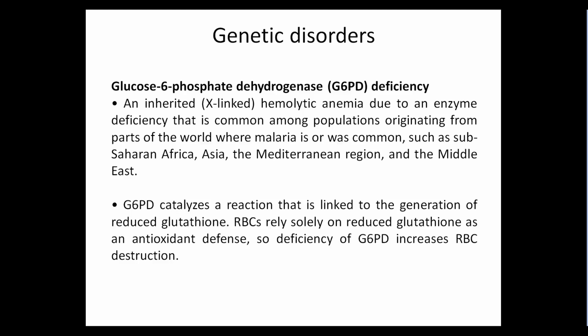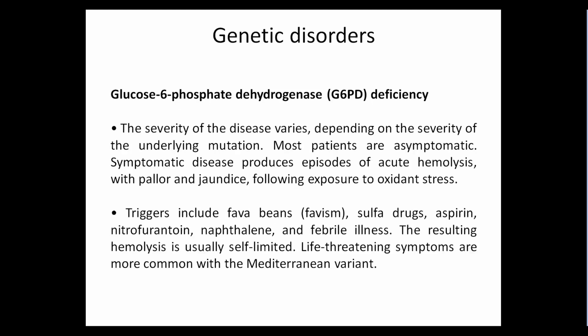Glucose 6-phosphate dehydrogenase catalyzes a reaction that is linked to the generation of reduced glutathione. Red blood cells rely solely on reduced glutathione as an antioxidant defense, so deficiency of G6PD increases red blood cell destruction. The severity of this disease varies depending on the severity of the underlying mutation.